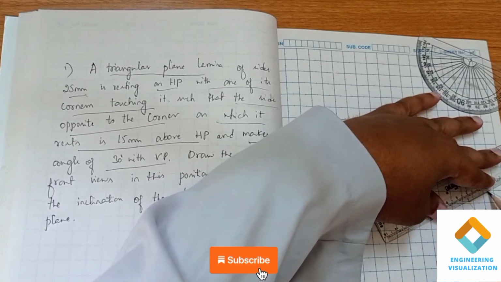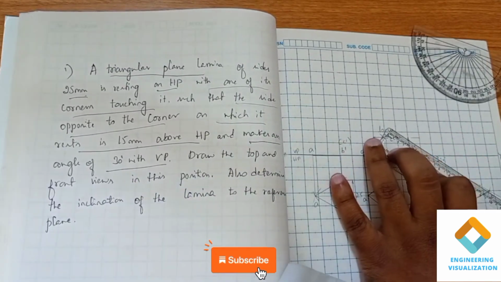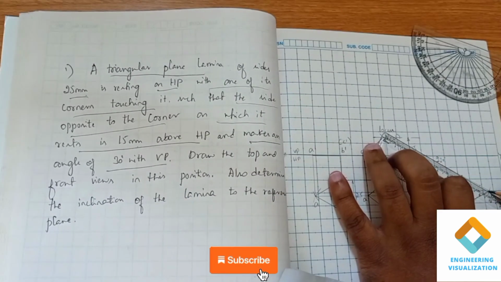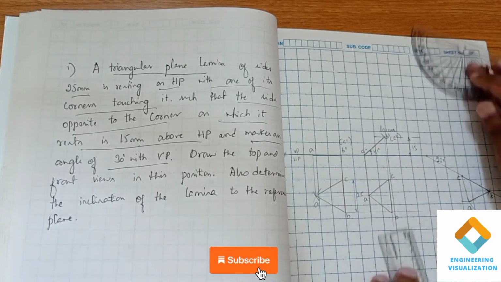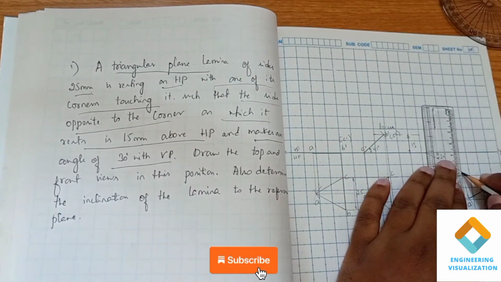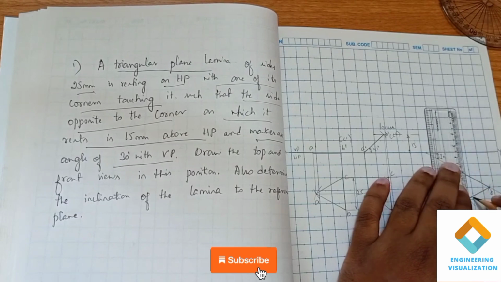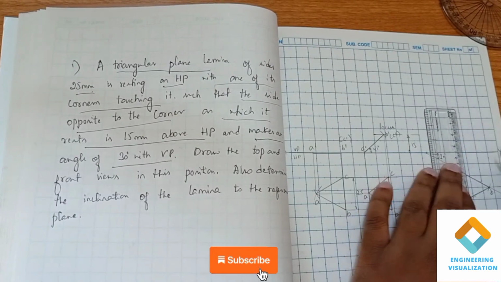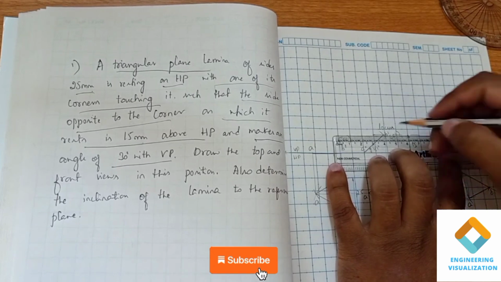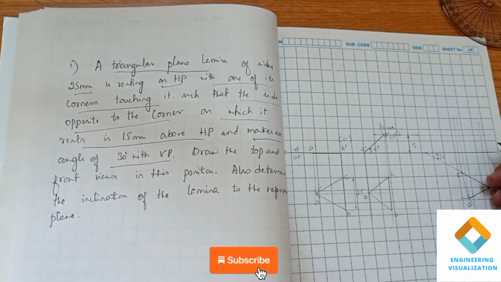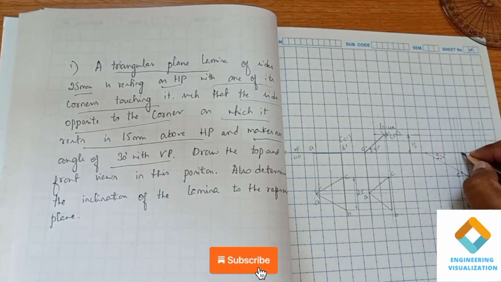this is A, this will be B, this will be C. Now the angle of inclination to VP they have already mentioned, so we can do it with a reference point. So here, you have to mark at 30 degree.